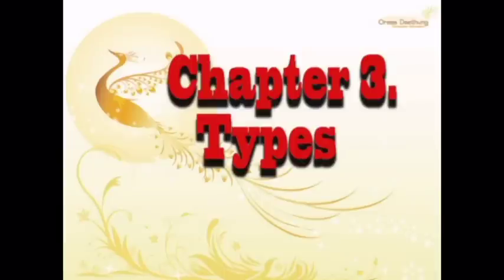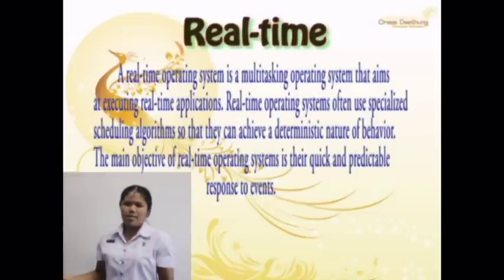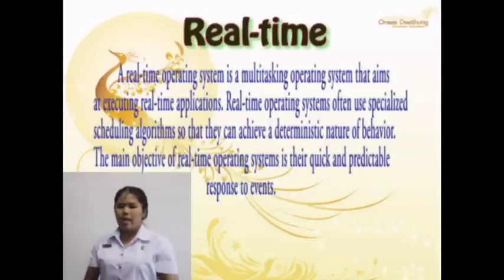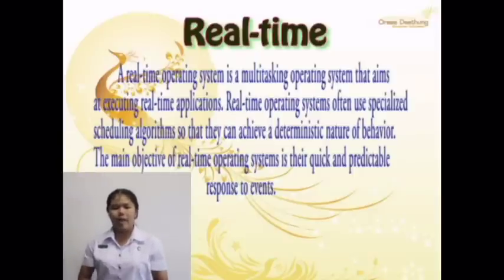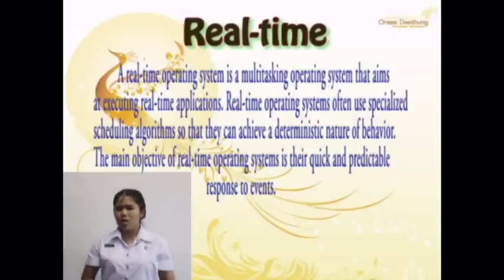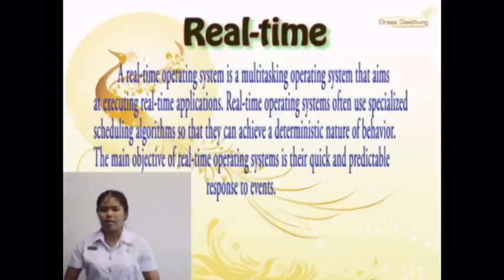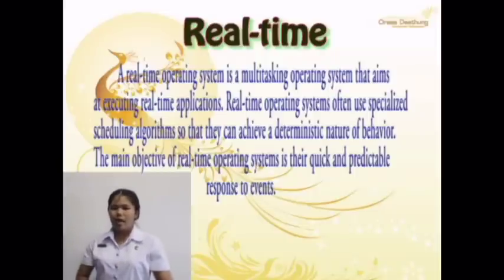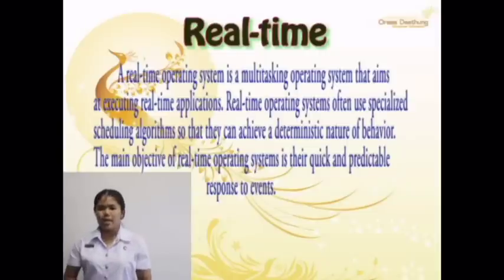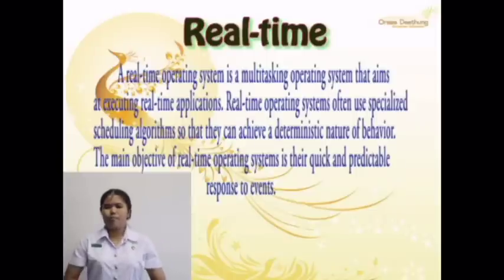Chapter 3: Types. Real-time. A real-time operating system is a multitasking operating system that aims at executing real-time applications. Real-time operating systems often use specialized scheduling algorithms so that they can achieve deterministic behavior.